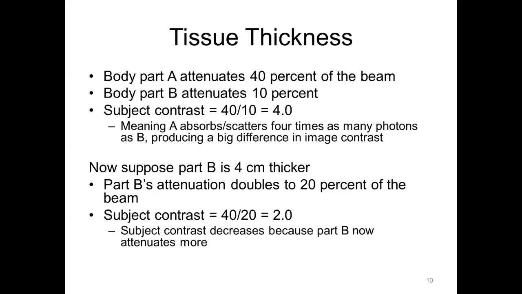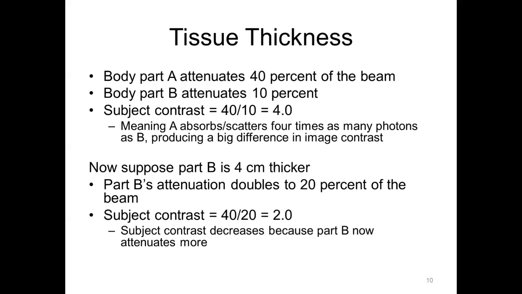So that's the first part of our example. Now we're going to throw tissue thickness in the mix. We're going to make part B just 4 centimeters thicker. Just 4 centimeters, not even 2 inches thicker. So part B's attenuation doubles. It goes from 10% to 20%. Now, it's absorbing double the amount of x-rays. So if you run your subject contrast ratio, 40 divided by 20, you get a subject contrast of 2.